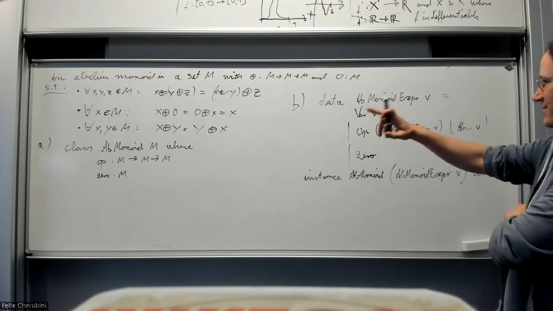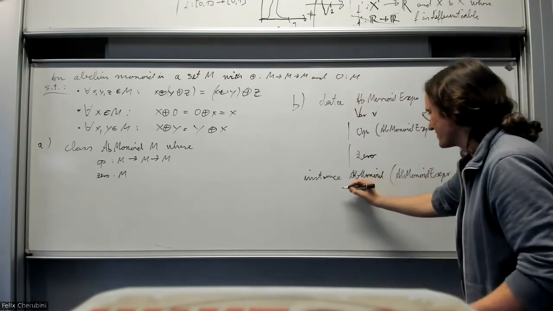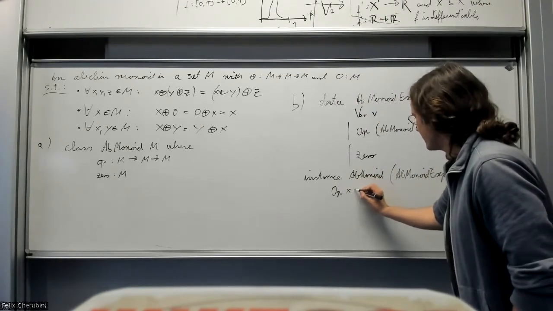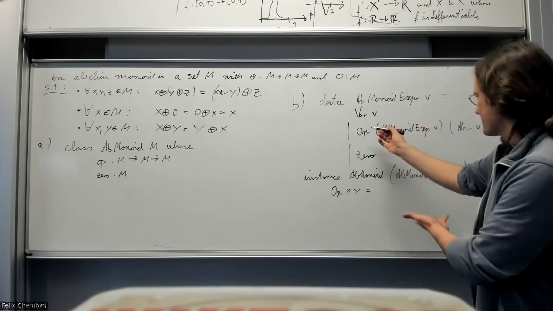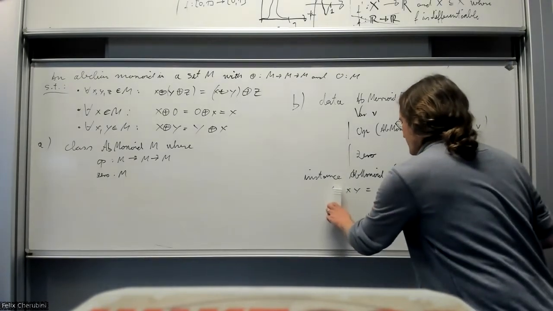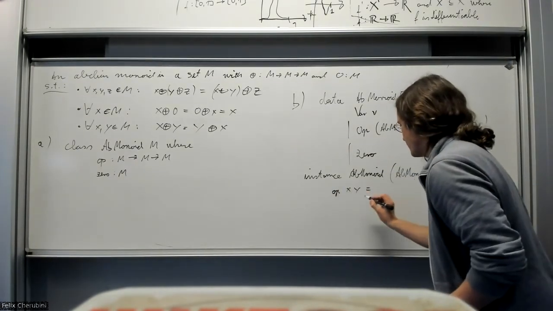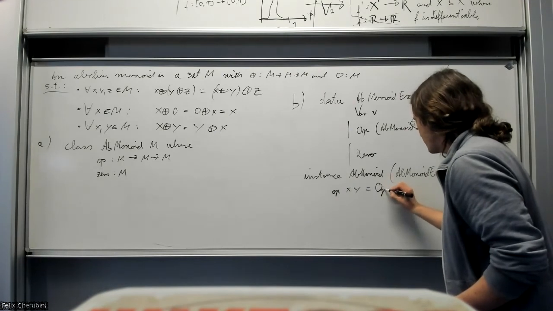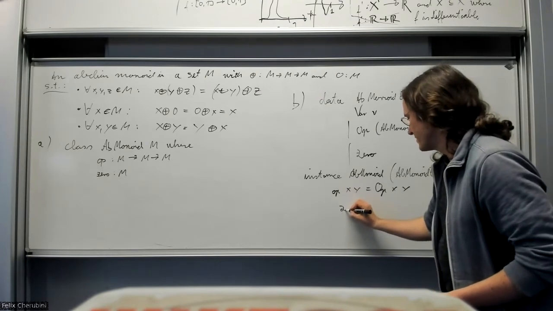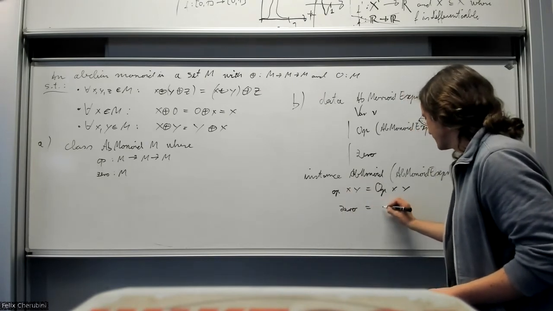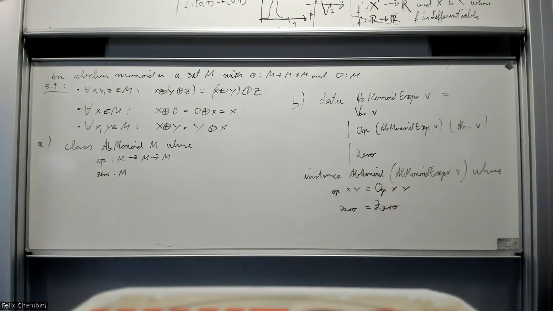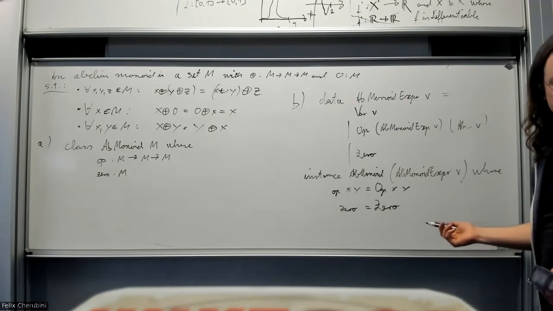And now I have to kind of give these operations, but I can just use my constructors here. So op x y is op x y, and 0 is 0.